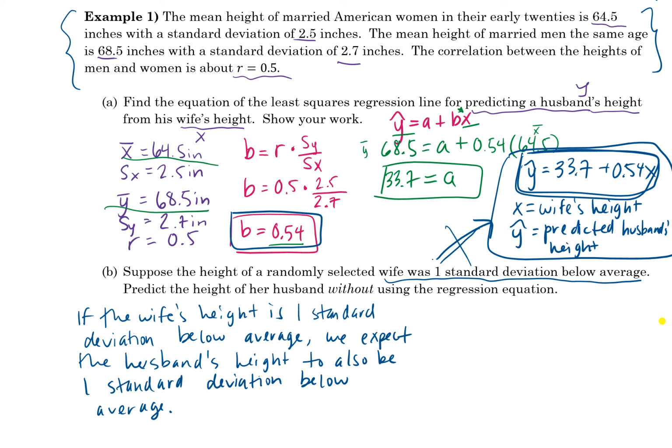Okay. So if the wife's height is 1 standard deviation below average, then the husband's height should also be 1 standard deviation below average. So all right, well, what's the average height for a male?